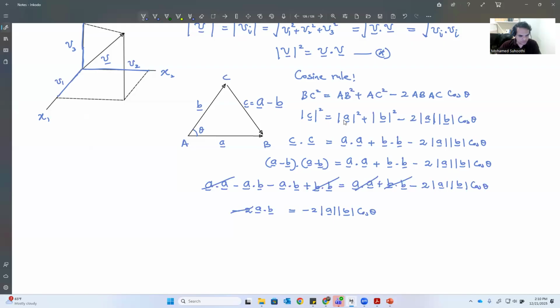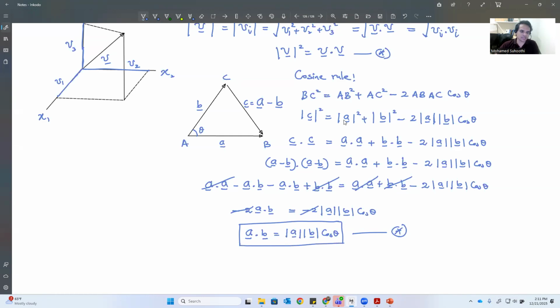Now this minus 2 cancels out. So therefore a dot b equals magnitude of a, magnitude of b, and cos theta. This is something you studied in your mathematics. This is the proof for that definition.